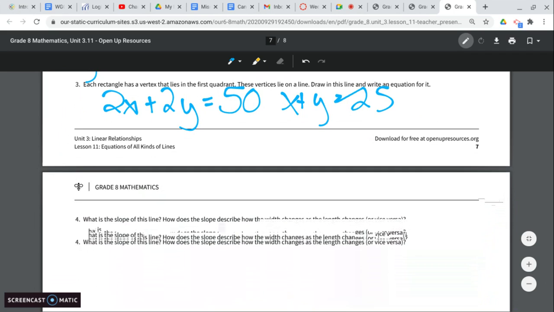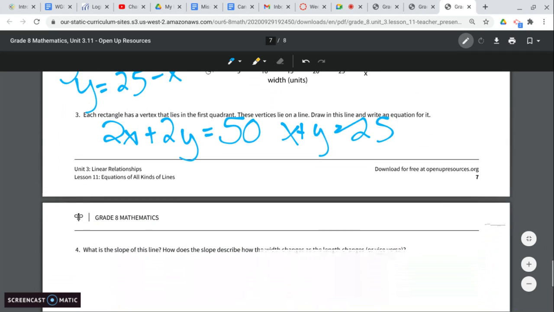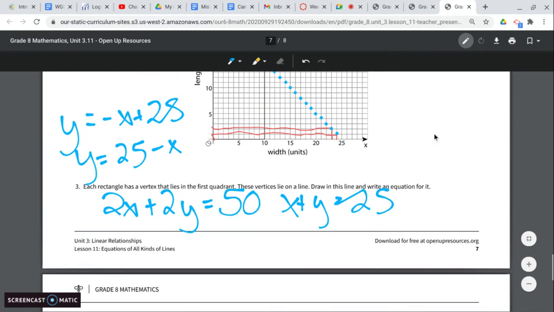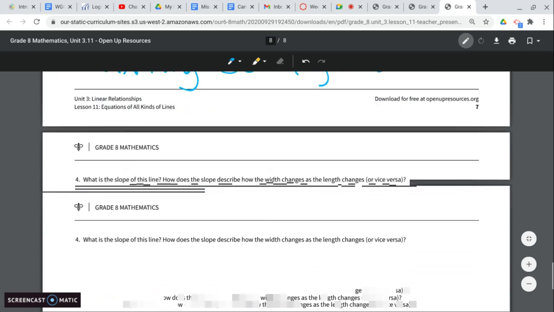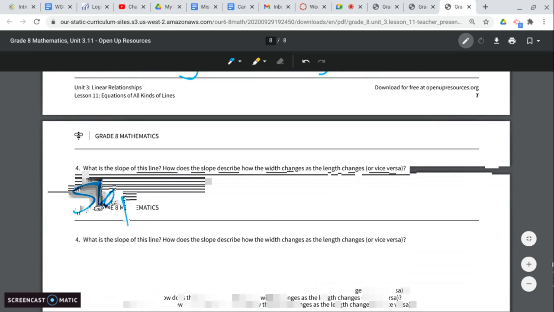Now, what's the slope of this line? How does the slope describe how the width changes as the length changes? So our slope, how are we going down? We're going down 1 and over 1. Our slope is always attached to our x value. So it's negative x, which means it's a negative 1x. So slope is negative 1.